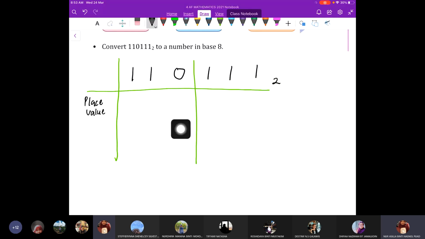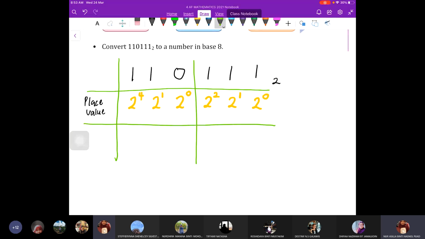And then the second block, dia bermula balik dengan 2 kuasa kosong. Okay, so you akan write down, this will be 2 to the power of 0. This will be 2 to the power of 1, 2 to the power of 2. Pergi kepada blok yang kedua, kosong will be 2 to the power of 0 balik. 2 to the power of 1, 2 to the power of 2. Okay, itu place value dia, berbeza sikit.